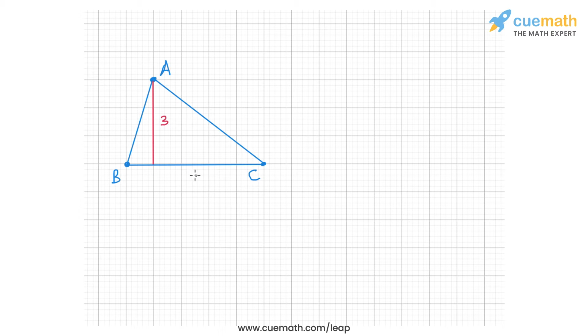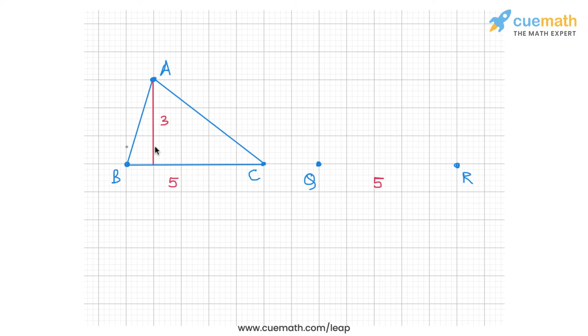Now we will draw another triangle PQR with the same base. The base was 5 units and the same altitude, the same height 3, but in a different shape. So let's take Q here, and let's take R 5 units away, so that QR is equal to BC. So QR is 5.